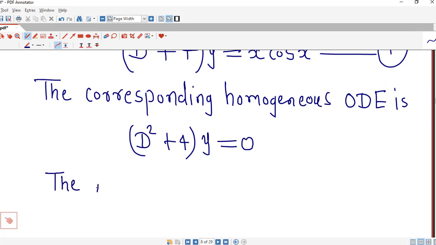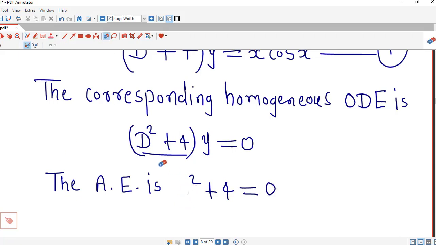Now we solve this equation. For that we require its auxiliary equation. So auxiliary equation is nothing but this quantity equal to 0, and here we have to replace D by lambda. So auxiliary equation is obtained by considering lambda in place of D in this term D square plus 4.